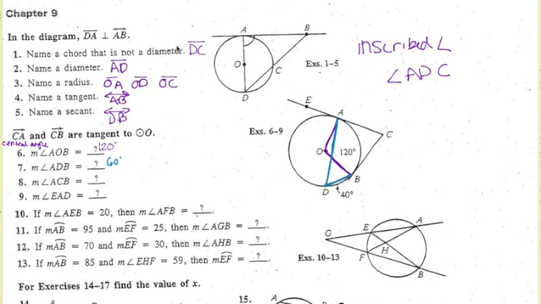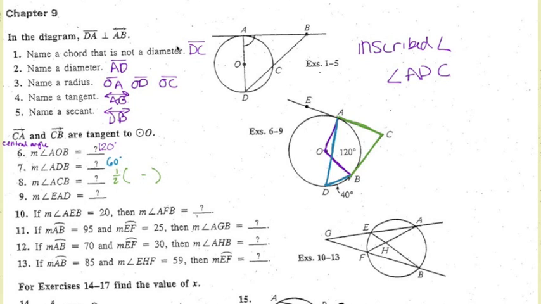ACB. Angle ACB is an angle that is formed outside of the circle. What is our rule about an angle formed outside of the circle? Subtract the 2 arcs and multiply by half. It's 1/2 the subtraction of the 2 arcs it cuts off. So angle ACB cuts off 2 arcs.